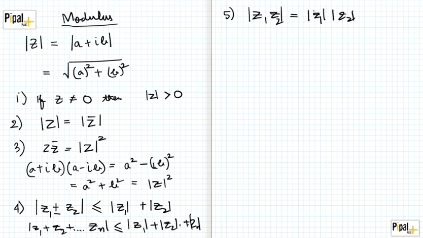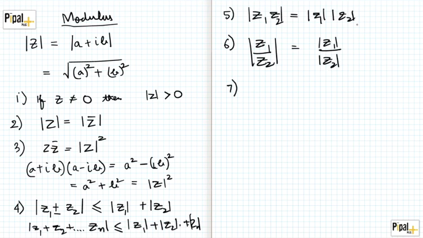Or you take the modulus of z1 and the modulus of z2 and multiply them with each other, and you get the same result. The same thing holds for division. If you divide one complex number by the other, this is equal to the modulus of z1 divided by the modulus of z2.